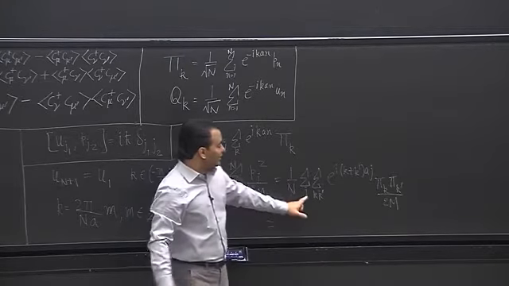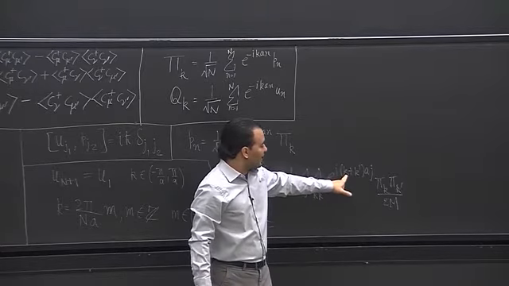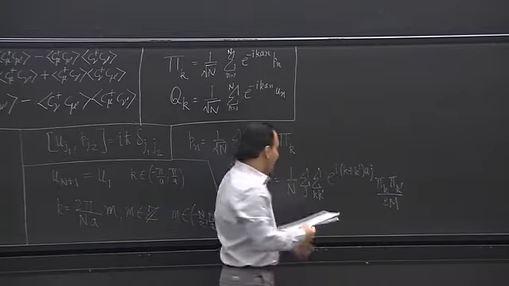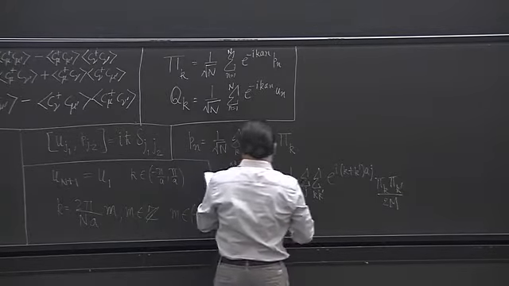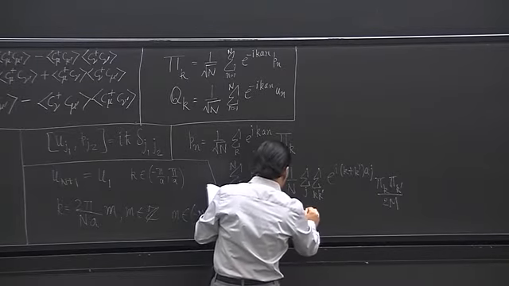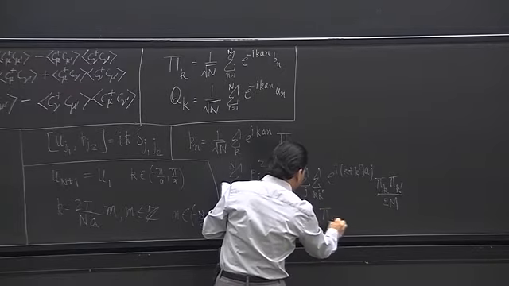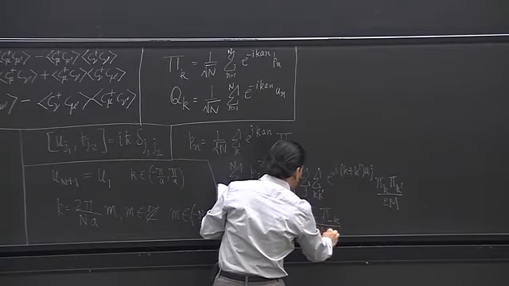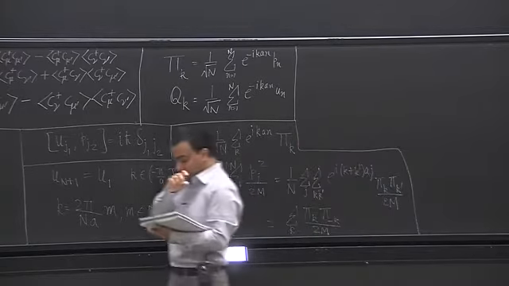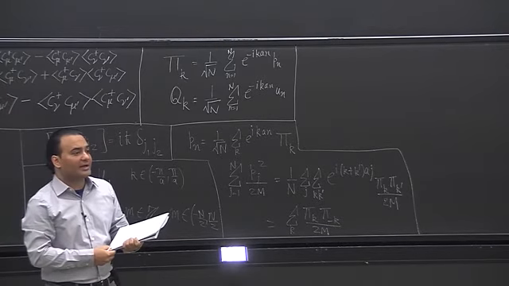Now this sum over j will give you a delta function. That means k is equal to minus k prime, or k prime equal to minus k. So what this term gives you is sum over k, p_k p_minus k over 2m. Any questions?